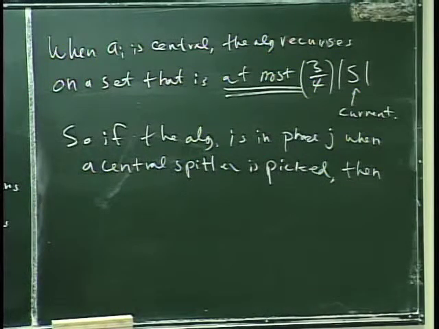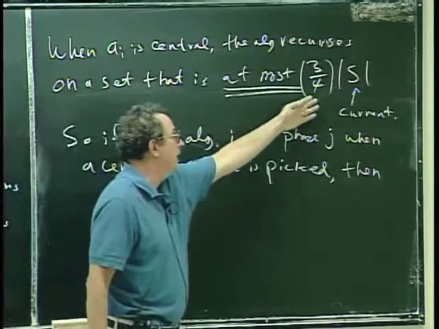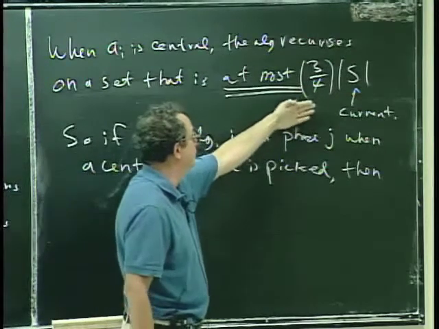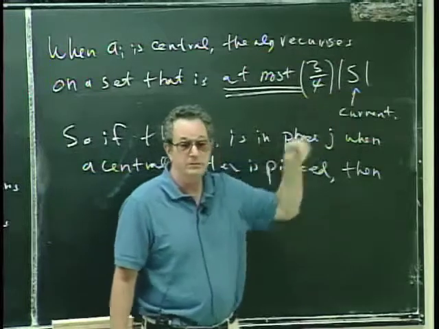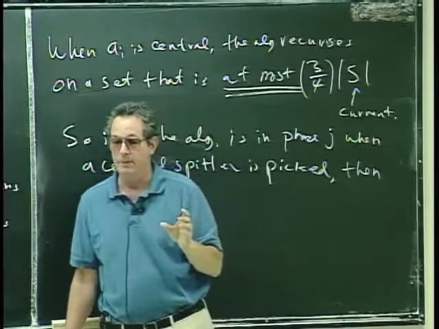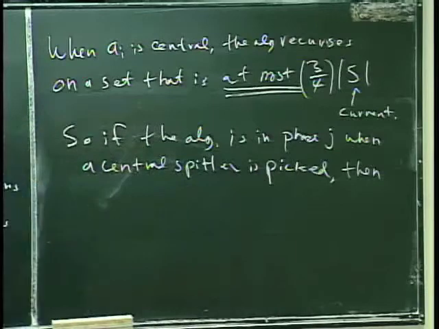So we're in phase j. We're watching the algorithm go along, and it moves into phase j at some recursive call. And then we pick splitters, till finally we get a central splitter. And now what I'm saying is that the size of what you recurse on at that moment is at most 3/4 of the size of S that's in your hands. Okay? So what can we say about what phase we're in?